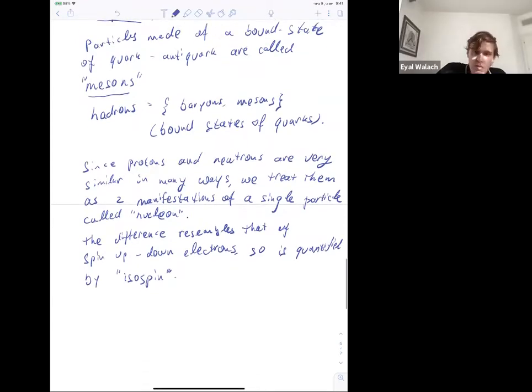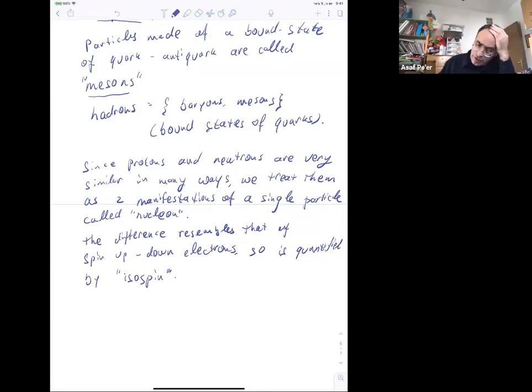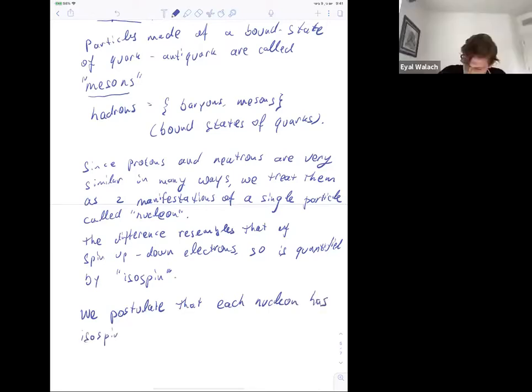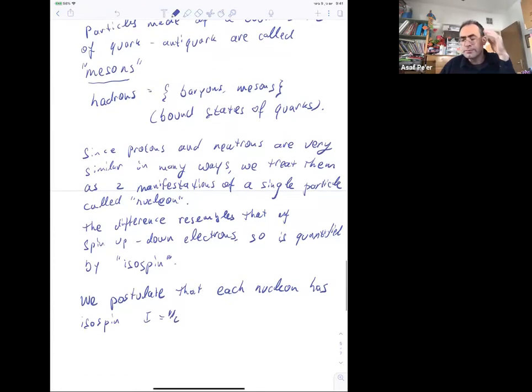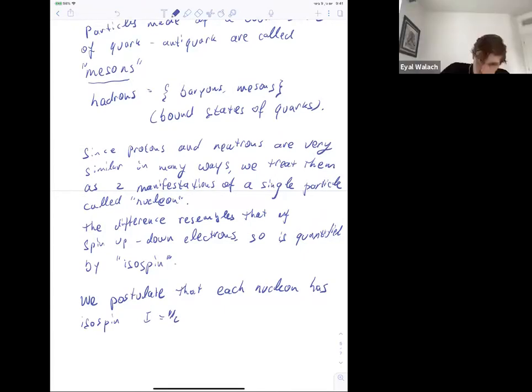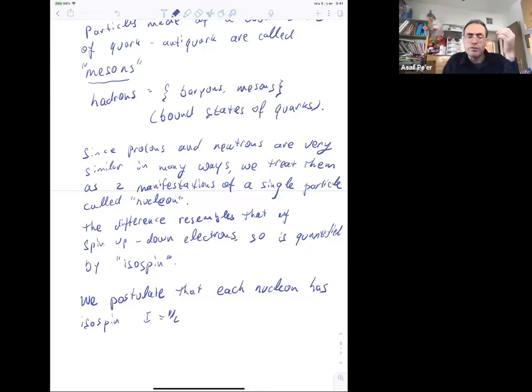Within this framework, we postulate that each nucleon has isospin I equal to 1/2. And then we simply repeat the same calculation that you do for the electron spin. If you did it in quantum mechanics, if you did not, then you will whenever you study quantum mechanics.